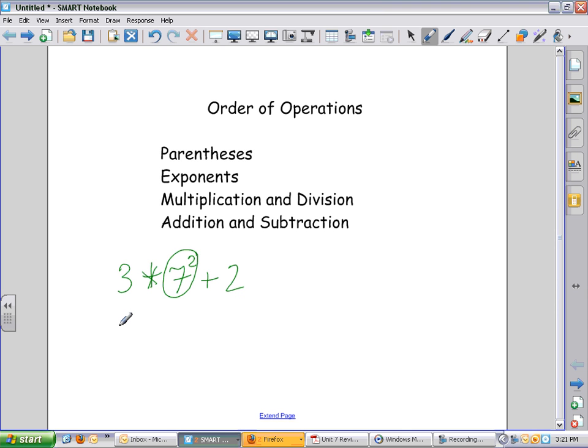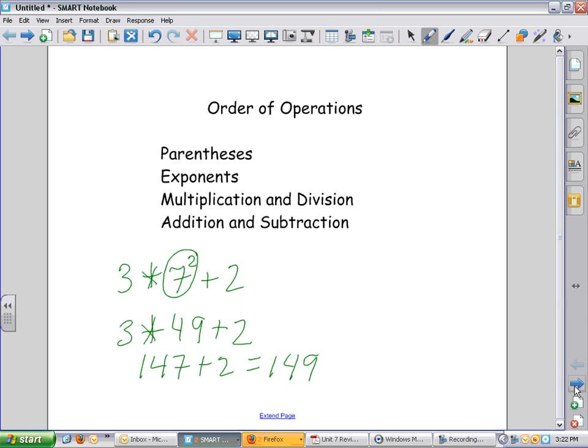So I'm going to rewrite the problem as 3 times 49 plus 2. Now I need to do multiplication next. 3 times 40 is 120, and 3 times 9 is 27, so 120 plus 27 is 147. That would be 147 plus 2. Now all I have left is addition, so I'm going to do that left to right. 147 plus 2 is 149.